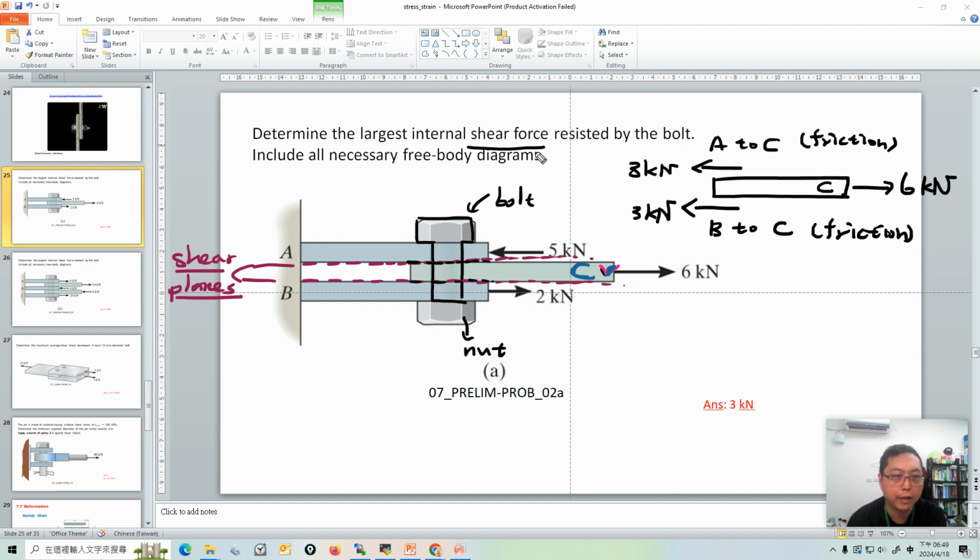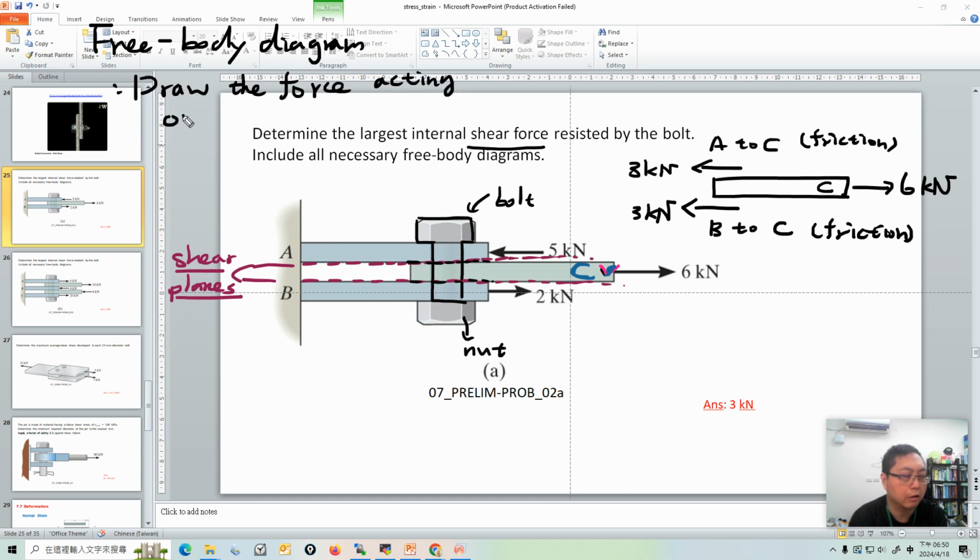In a free body diagram, there is a very important point: you must draw the force acting on the body you are interested in.